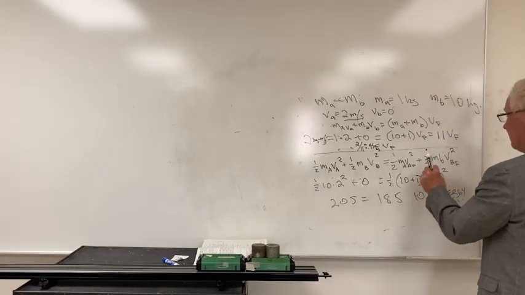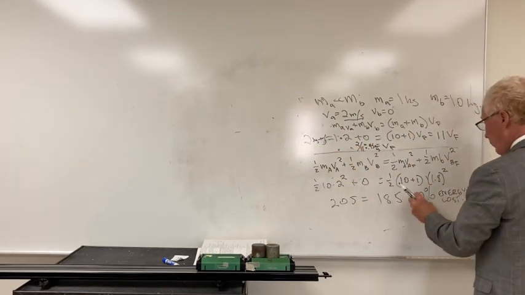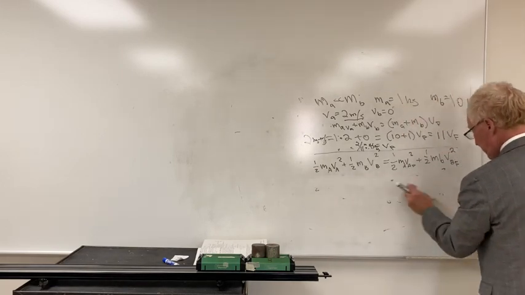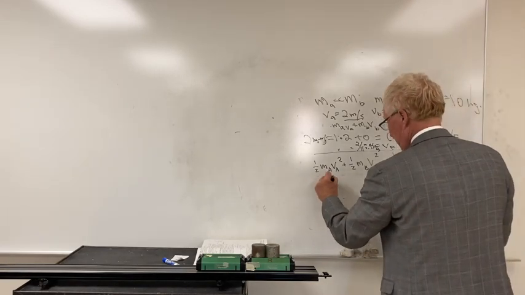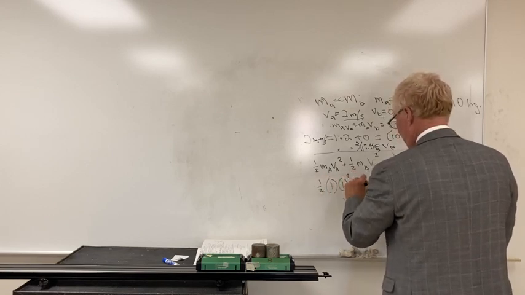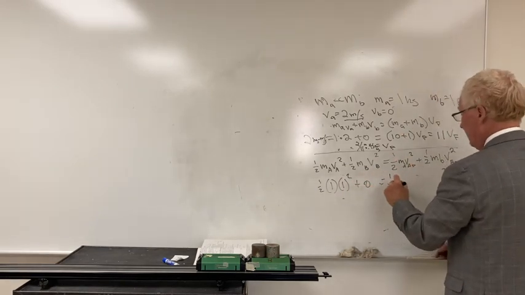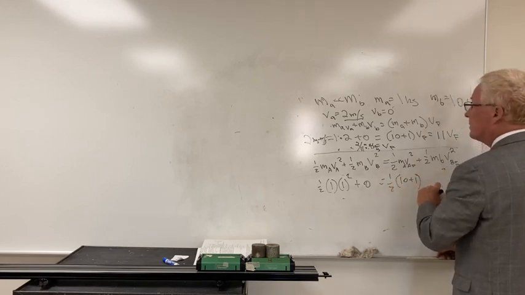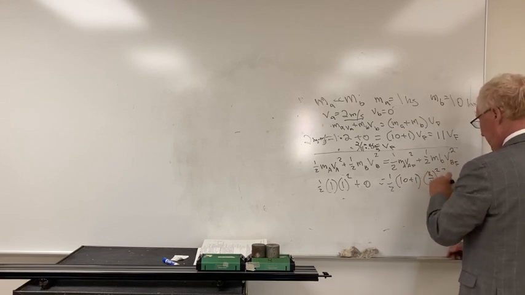Now let's do this case. In the first case where A was heavy and B was light, we don't lose much energy. What happens if it's the other way around? A light object hitting a heavy object. In this case, this would be 1/2 times 1 times 1 squared plus 0, and again, 1/2, they're both together, 1/2 times 10 plus 1 times 2/11 squared.